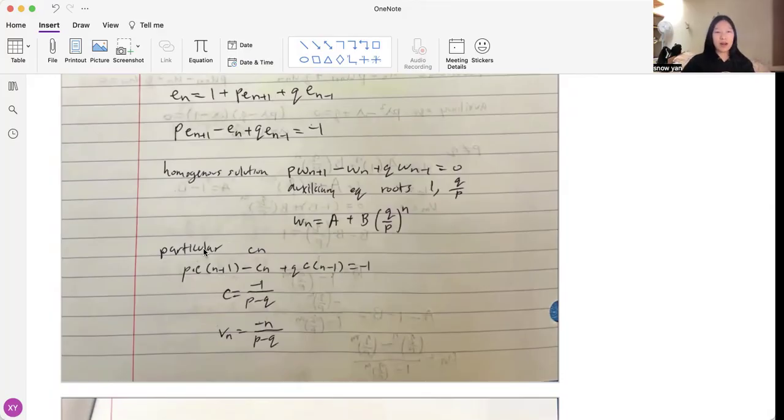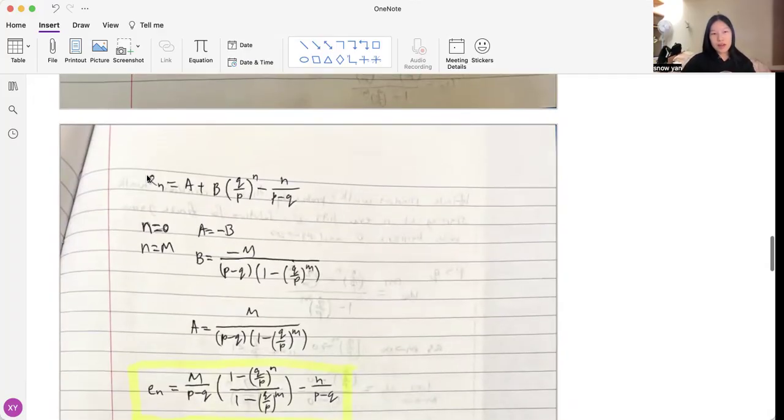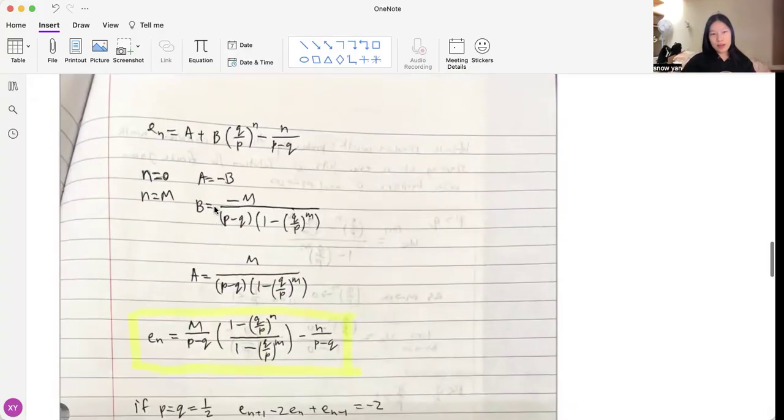So the next possible thing is Cn, where C is a coefficient. I put that back into the expression, making sure that here's n plus 1, this one's n, this one's n minus 1. I get that C is equal to this, my V_n is equal to that. Plug it back in, I get my solution.